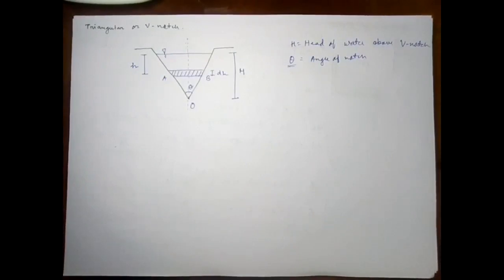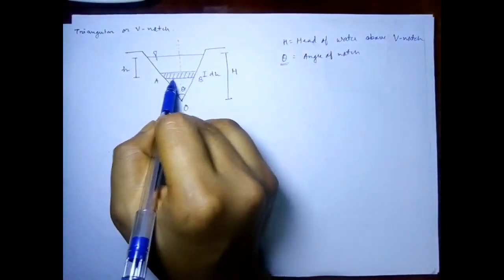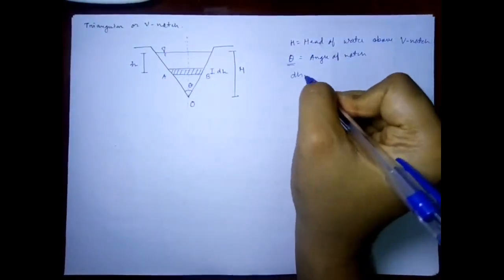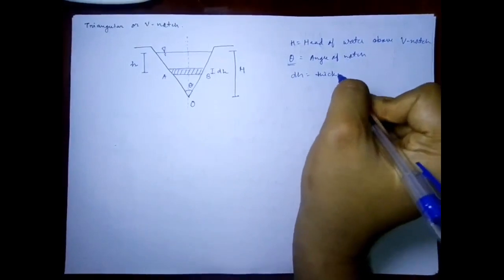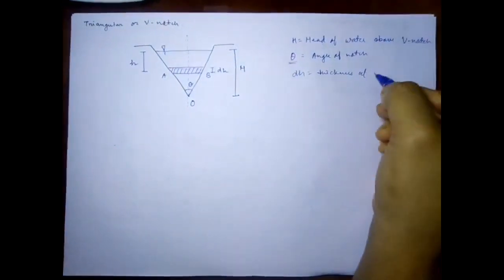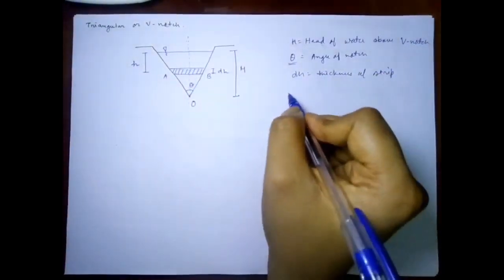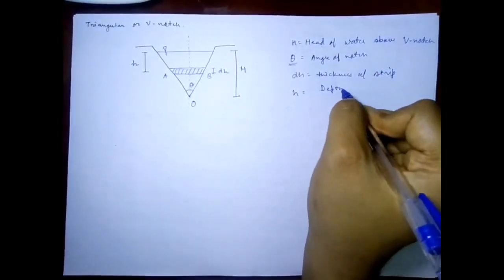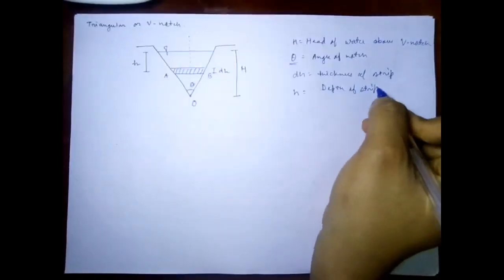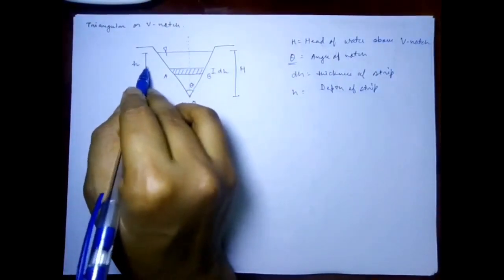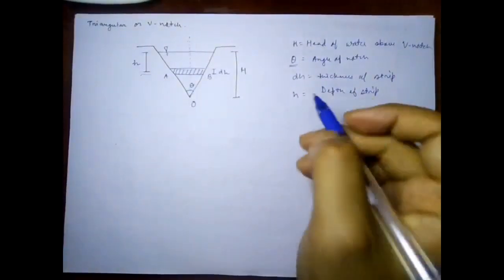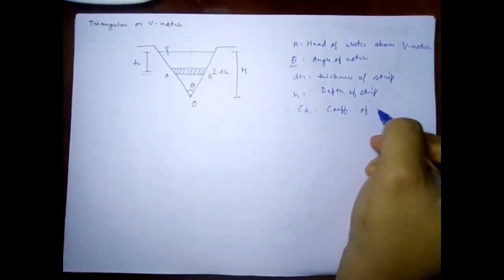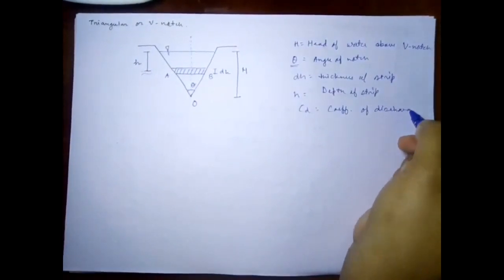Also let us consider the elementary section over here of thickness dh. dh is the thickness of the strip and small h is the depth of the strip from the free surface, and CD is the coefficient of discharge.